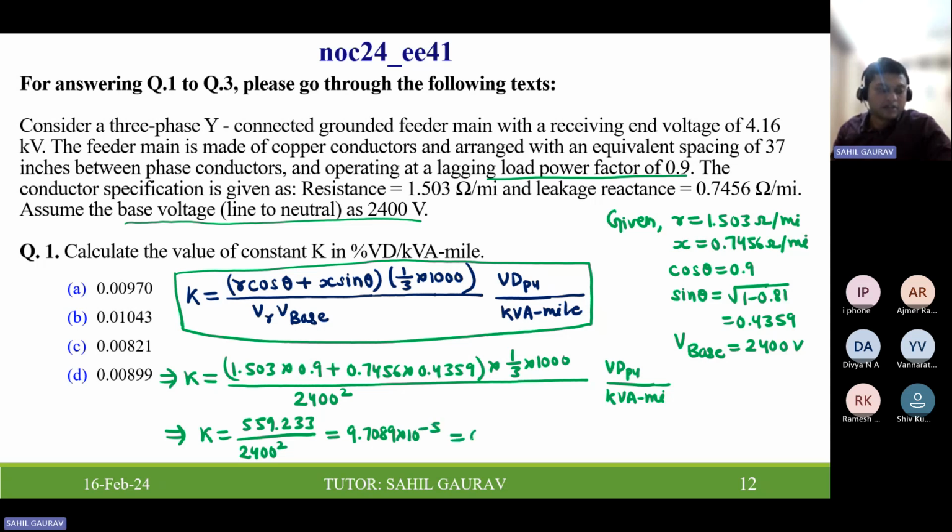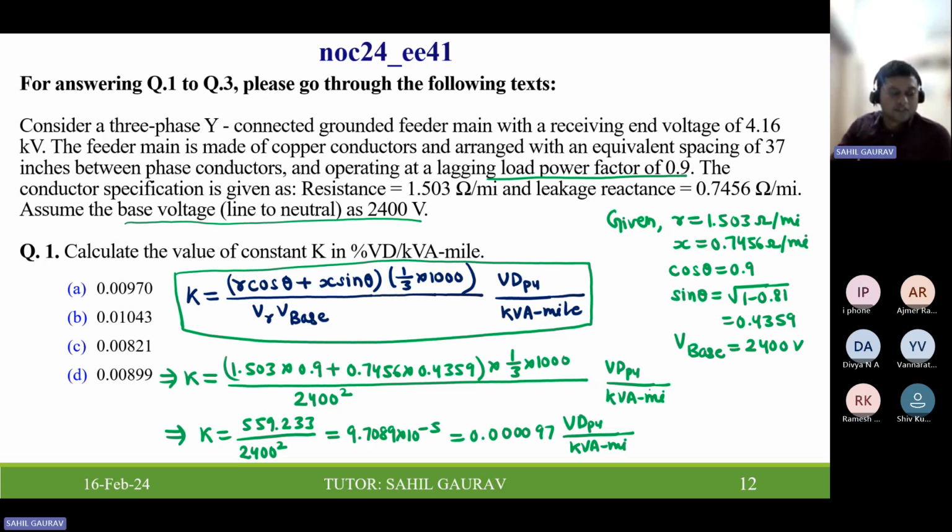So you can write 0.00097 voltage drop per unit per kVA mile. So this is, we got the K constant in terms of per unit.